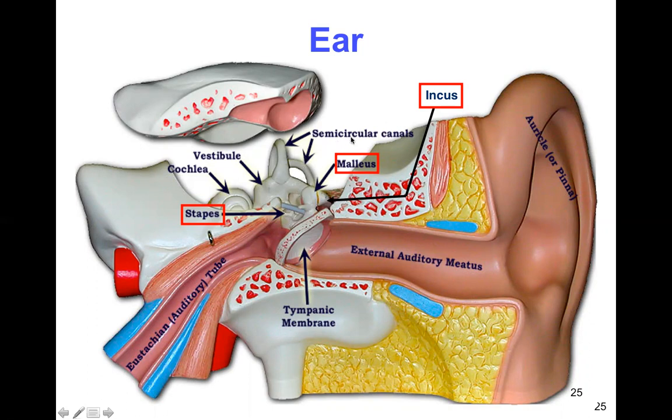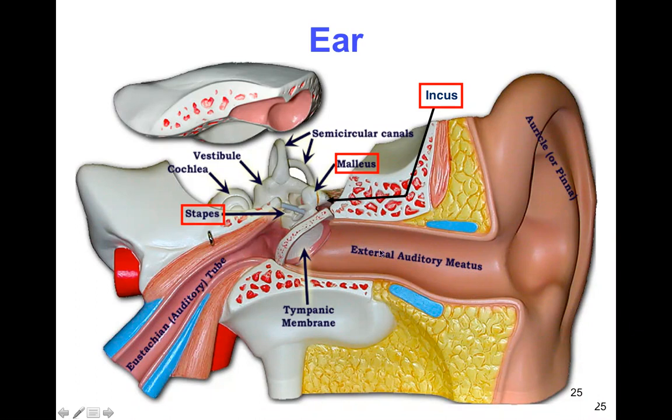Here you can see the semicircular canals that attach to the vestibule. That's where you have the vestibular portion of the vestibulocochlear nerve. And then you have the cochlea, and on the posterior side of that, the cochlear portion of the vestibulocochlear nerve.